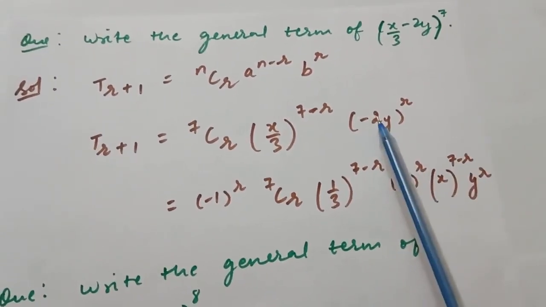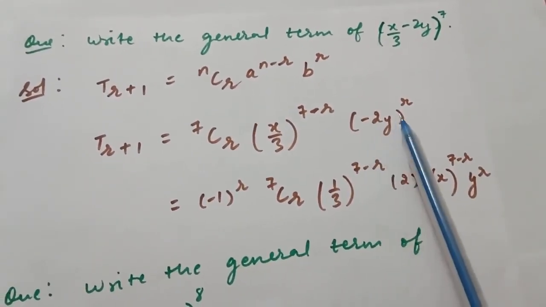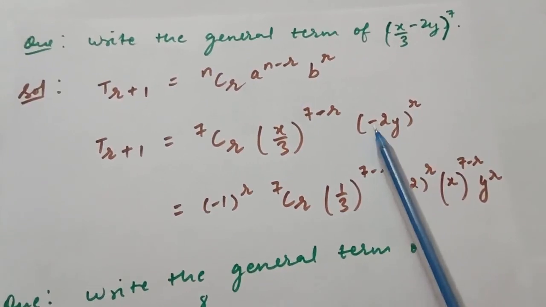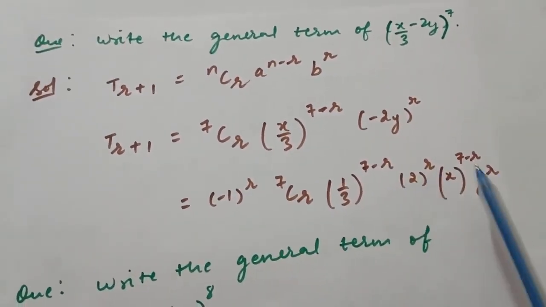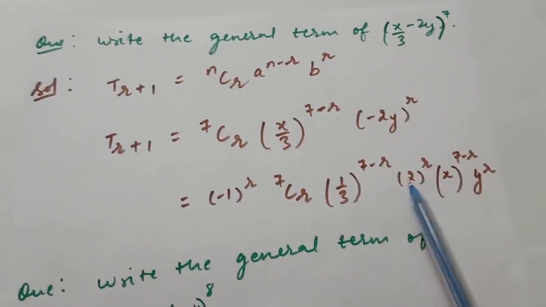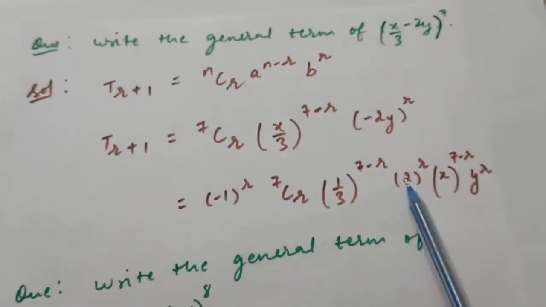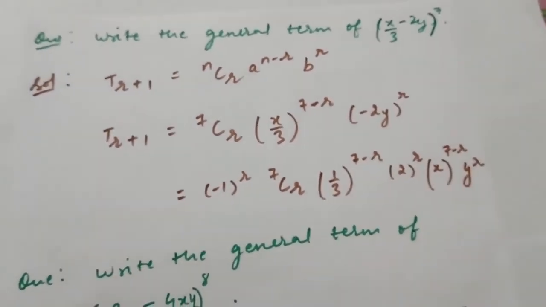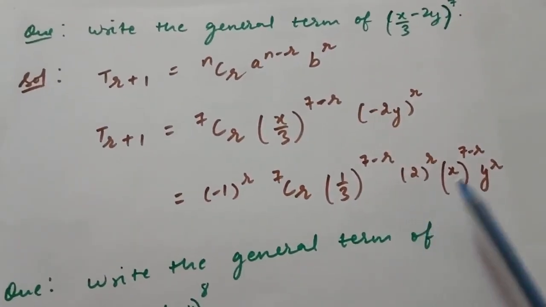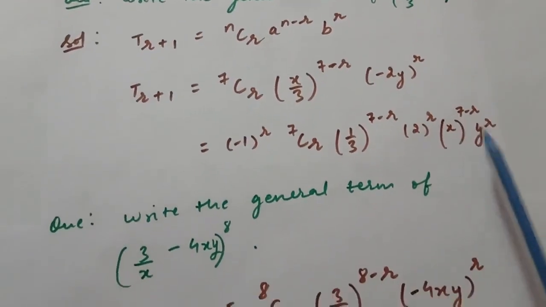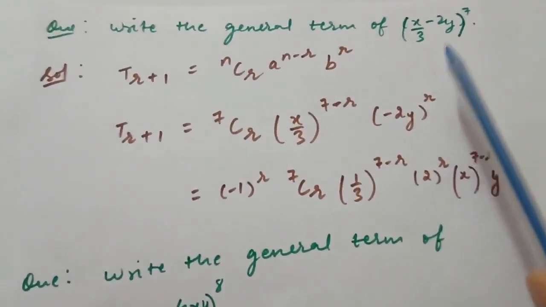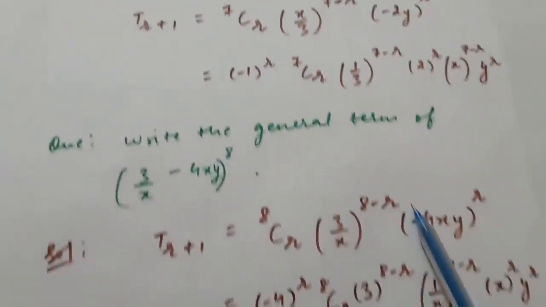Similarly for this minus 2y, taking minus 1 raised to the power r separately, 2 raised to the power r and y raised to the power r. You can combine these two. You can also write it as minus 2 raised to the power r. But we have to write the powers of x and y separately. Right? So this is the general term of this expansion.